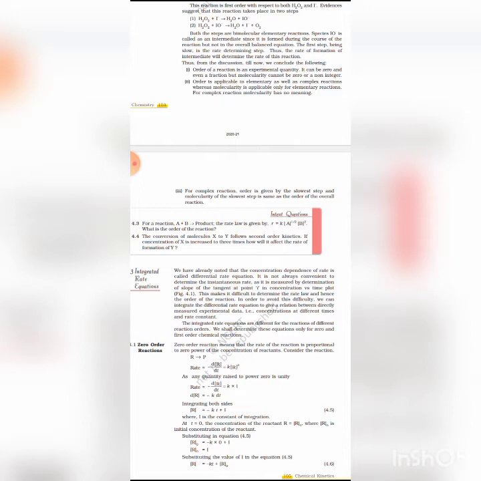And mechanism of reaction: a series of elementary reactions proposed to account for the overall reaction is called the mechanism of reaction.